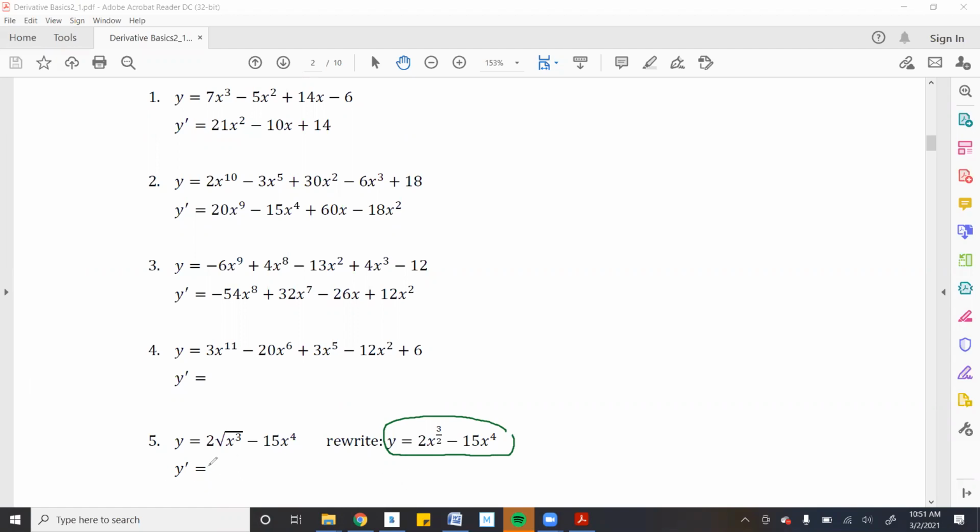What I got is 3x to the 1/2 minus 60x cubed. And this is a simplified answer because from your rule or your pattern, you might always have numbers that can simplify. So this is the final written version.